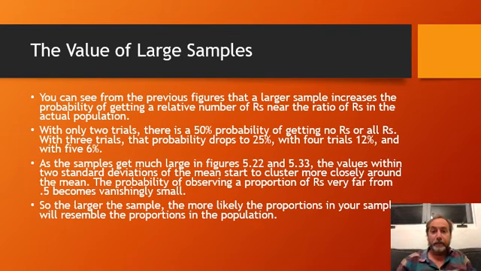So we can see from the previous figures that a larger sample is going to increase the probability of getting a relative number of R's that are pretty near the ratio of R's in the actual population.